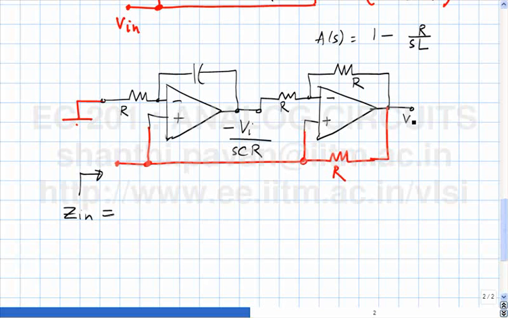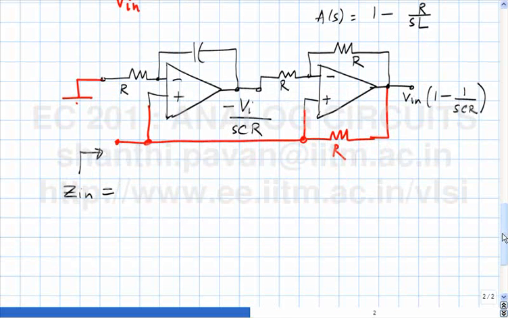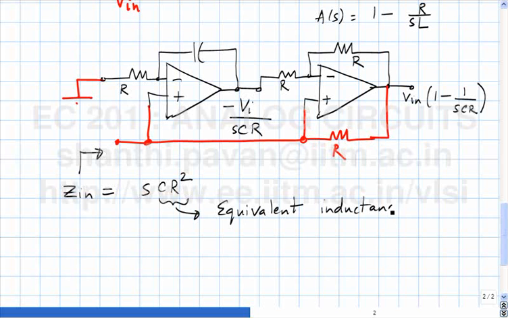And the looking in impedance here should be what now? What was this? This was Vn times 1 minus 1 by SCR. So what is Zn? It is SCR square. This is the value of the equivalent inductance realized.